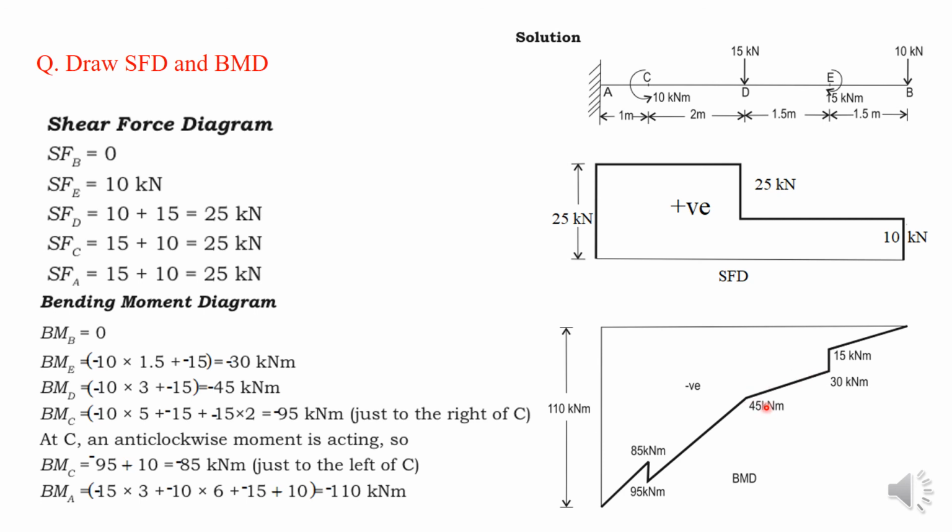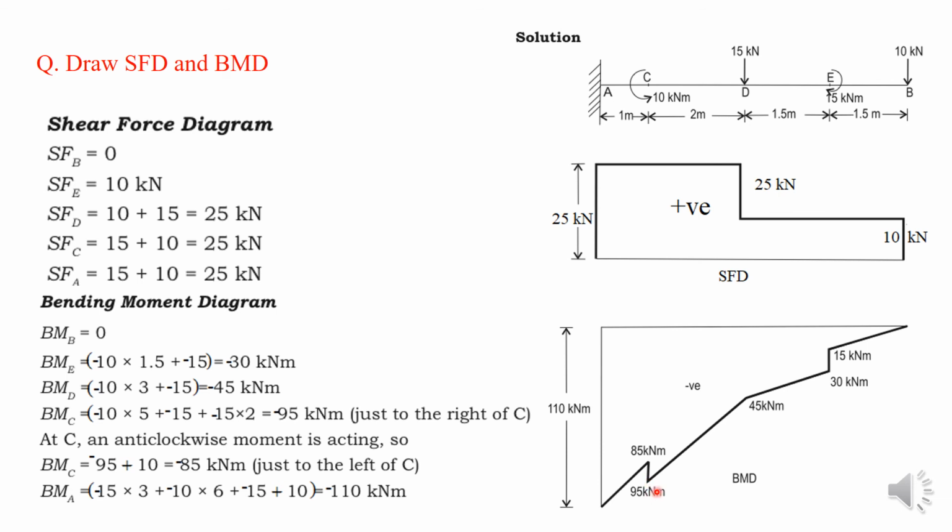So draw an inclined line from 30 to 45. Then again take the bending moment at C. What will be the bending moment at C? It is 15 into 2, then minus 15 minus 10 into 2 plus 1.5 plus 1.5. So that will be 95 kilonewton meter.